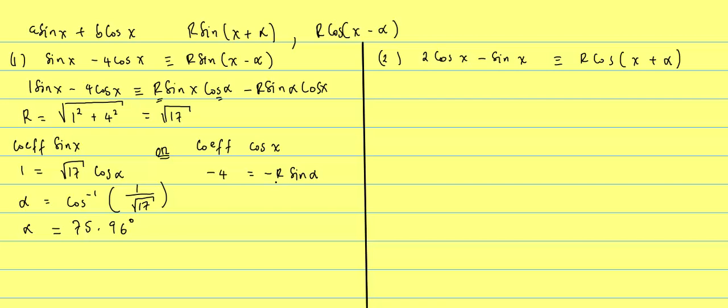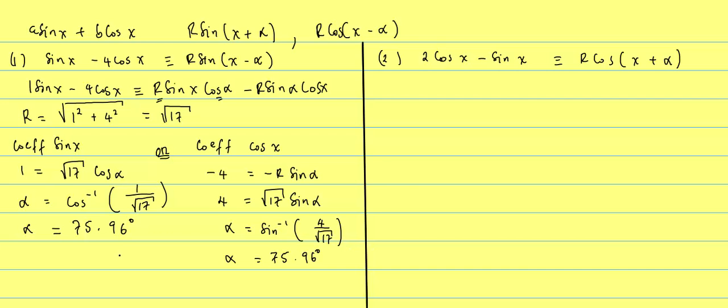But we already found that r is equal to the square root of 17, and if we divide both sides by the negative, you will have 4 is equal to the square root of 17 sine alpha, and therefore alpha is the sine inverse of 4 divided by the square root of 17. You can check on your calculator again that you find alpha to be equal to 75.96, again correct to 2 decimal places.